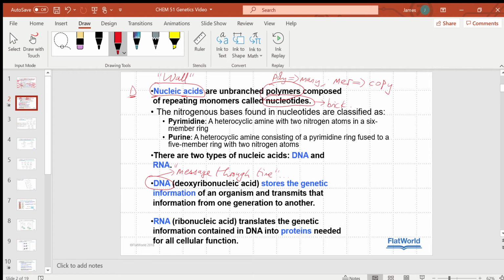You know, so 2 million years ago, or whenever the most recent argument says that humans became humans, you could say this is the message for a human, and 2 million years later the message is still being delivered. The message can be improved, but there's still a message through time. So that's how I like to think of DNA.